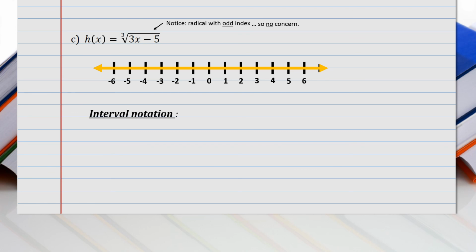So your interval notation would go from left, which is negative infinity, all the way to the right, which is positive infinity. And so your interval notation is simply all real numbers. The set notation, again, would be the set of all x values such that x is all real numbers.